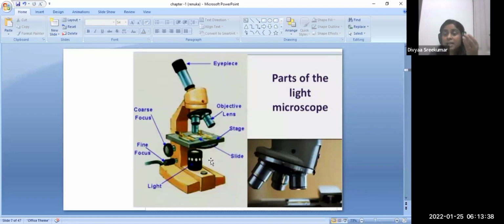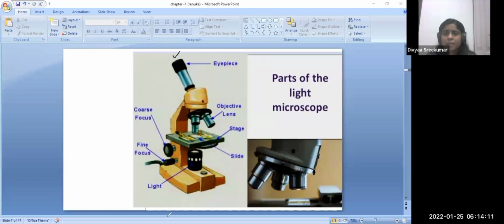It has an eyepiece lens, an objective lens, and a stage where the slides are kept for visualization. Of course, it needs a source of light, and it has two knobs which help in focusing your image and increasing its clarity. So whenever you place an object on the stage, you can see its magnified image in the eyepiece.